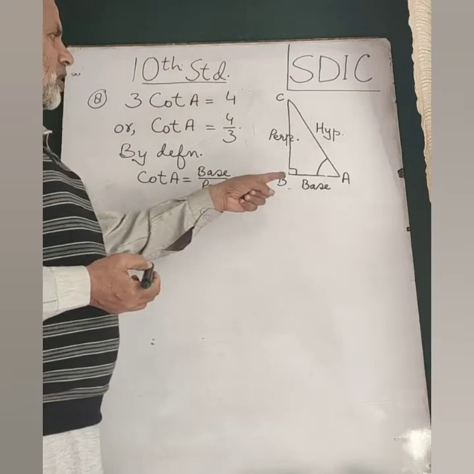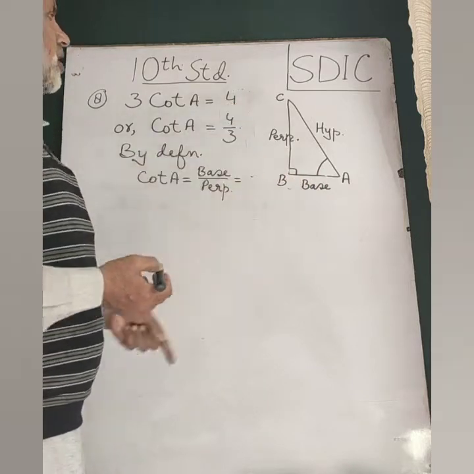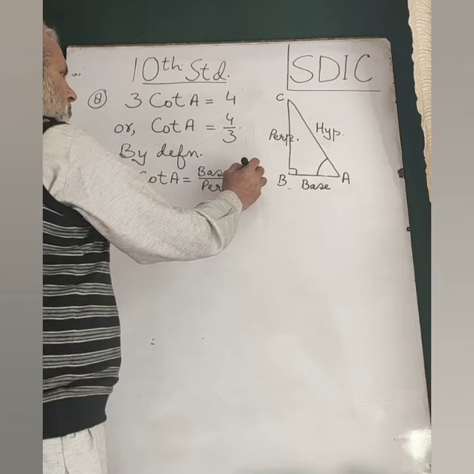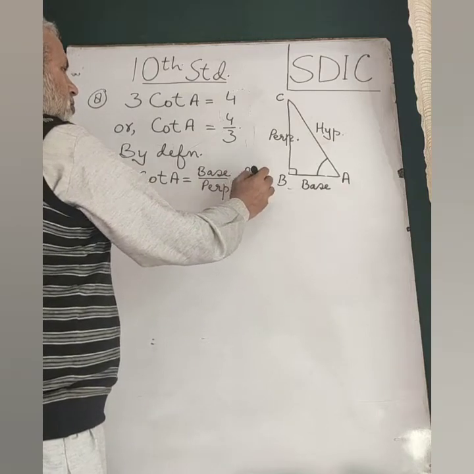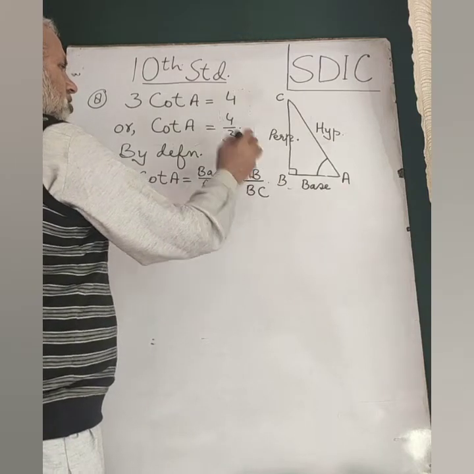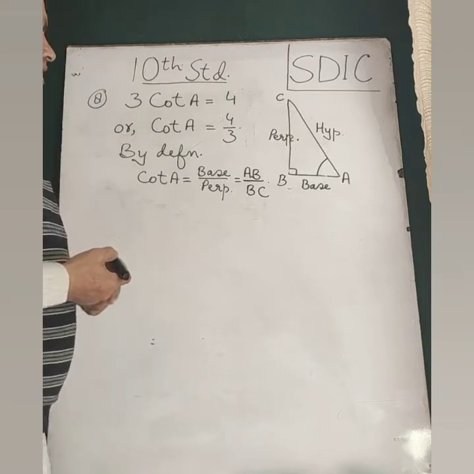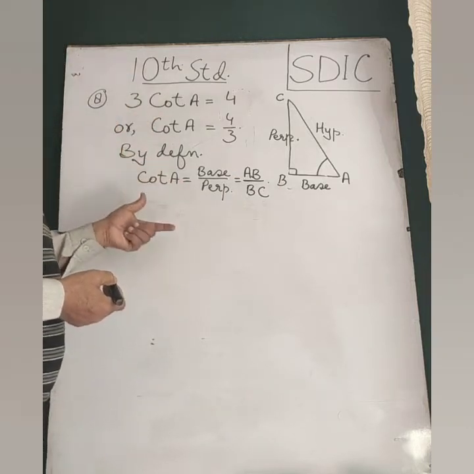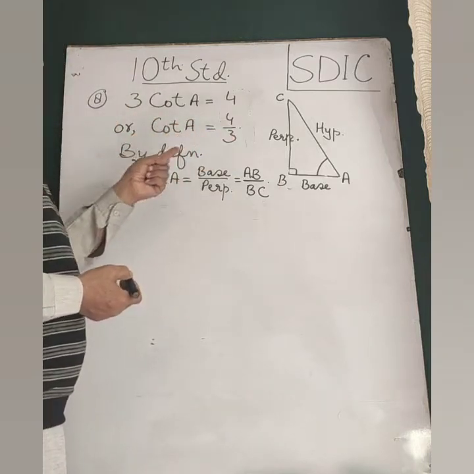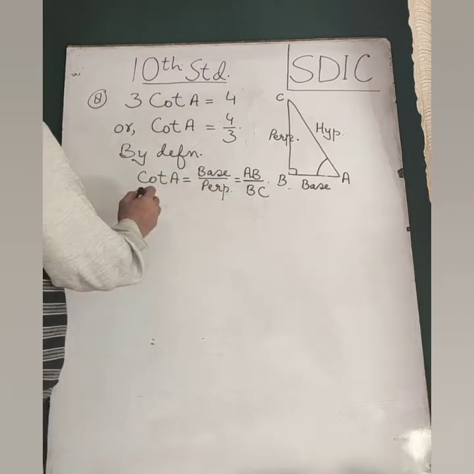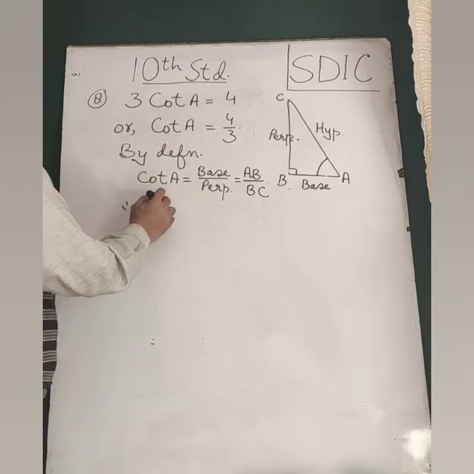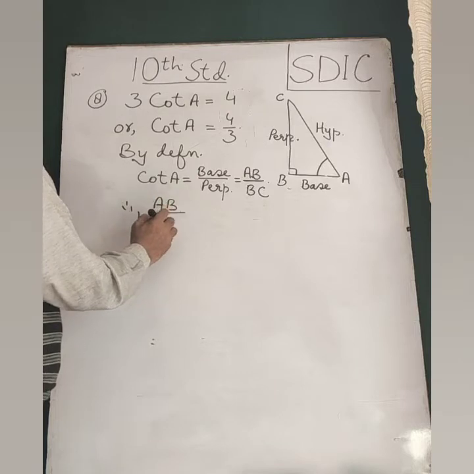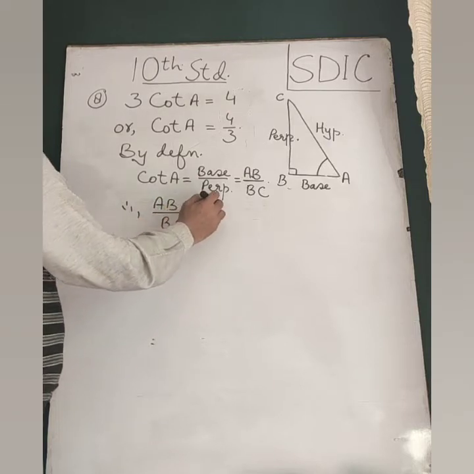Now base by perpendicular will therefore mean AB by BC. AB by BC is the definition. And then use Euclid's axiom. Cot A is 4 by 3, cot A is AB by BC. What will you get therefore? AB by BC is equal to 4 by 3.